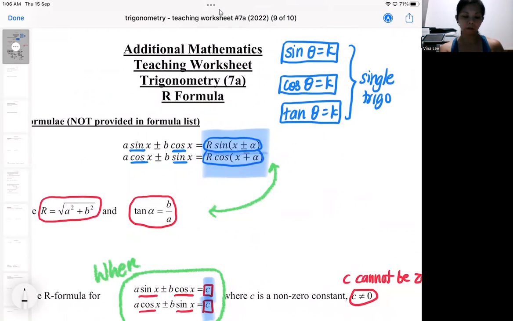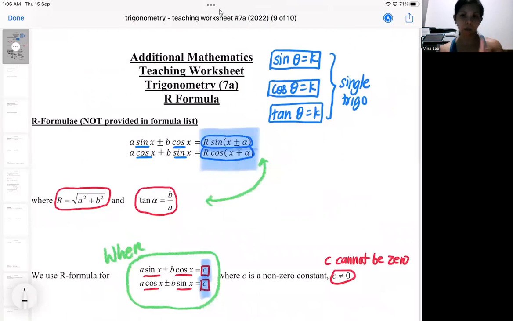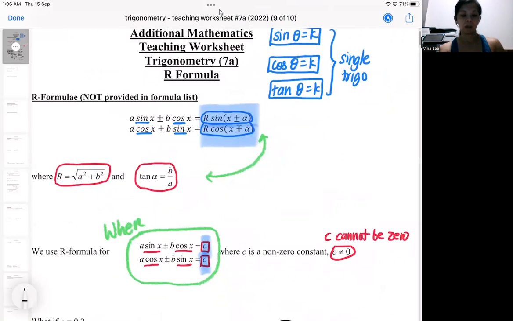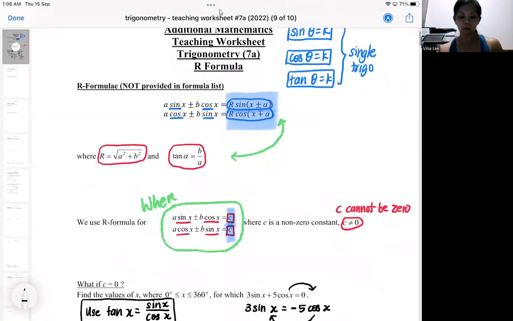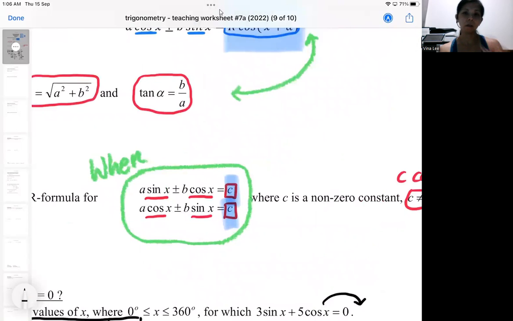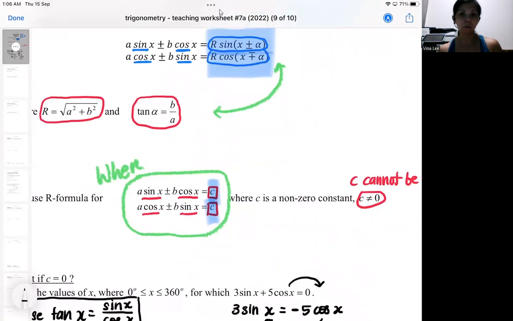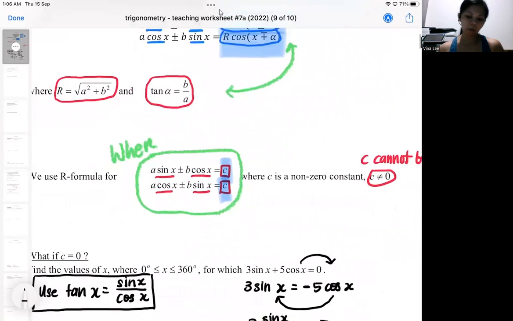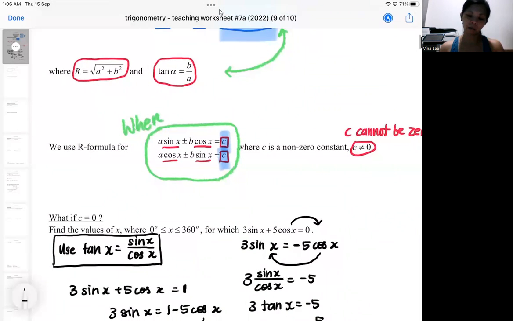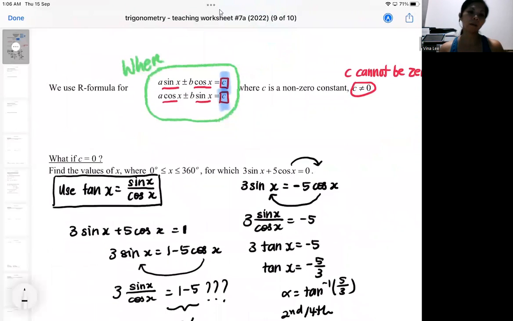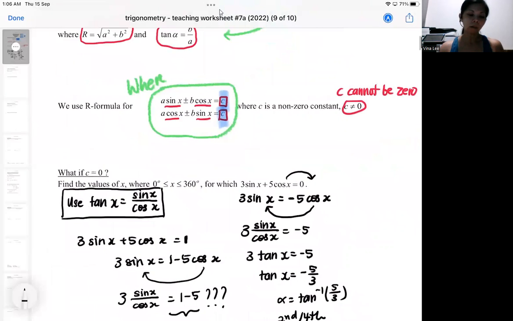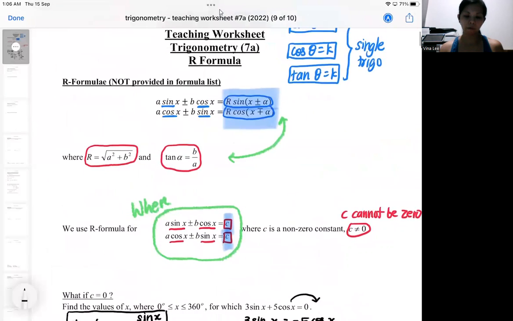You will use the R formula when you try to add sine and cosine, or subtract sine and cosine, but it is equal to a number that is not 0. We also explored, what if the number is 0? I don't need the R formula. I just use the tangent formula, and I can reduce it to a single function.